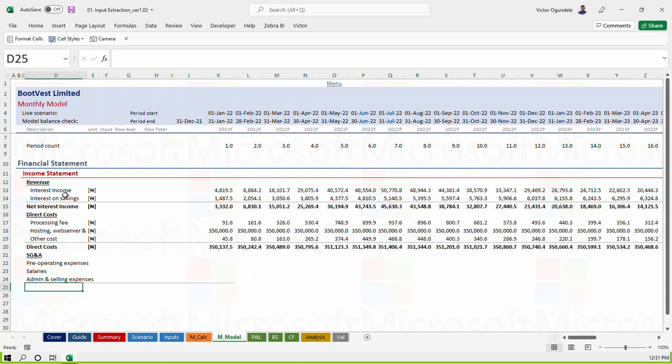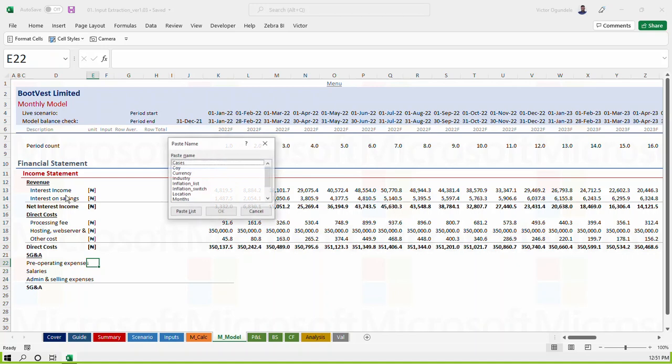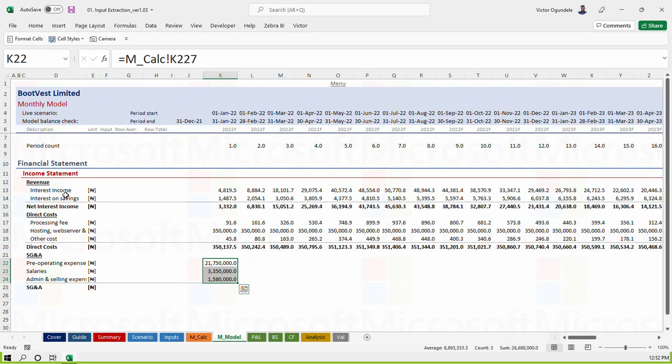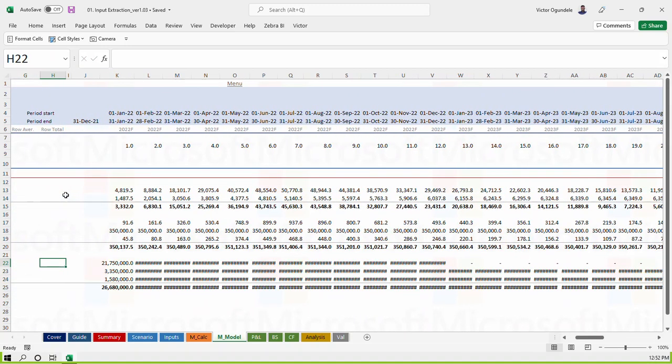I'm just trying to work smart. Put the currency. Then copy this, put it here, since my model has the same structure. Sum it together. We have that here.